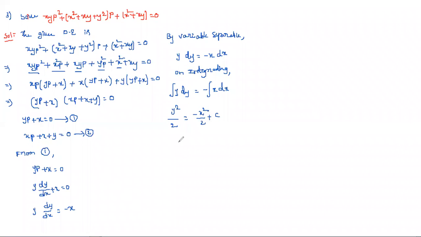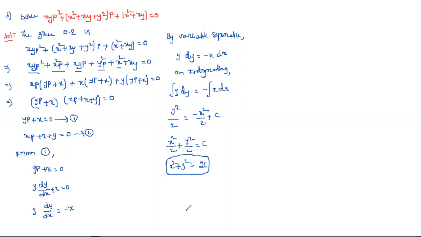Then take this x square to this side: x square by 2 plus y square by 2 is equal to c. So x square plus y square is equal to c, which is also a constant. So this is the solution of equation 1.